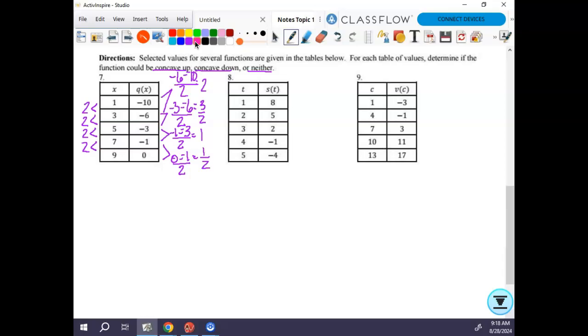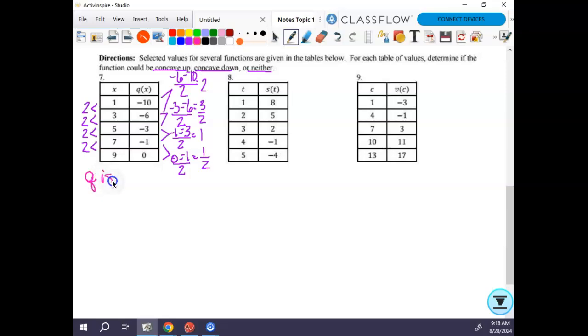Okay, what do you notice about the average rates of change? What is happening with them? They're not constant. Are they increasing or decreasing? Decreasing. Since they're decreasing, what does that tell us about this function? Concave down, exactly.